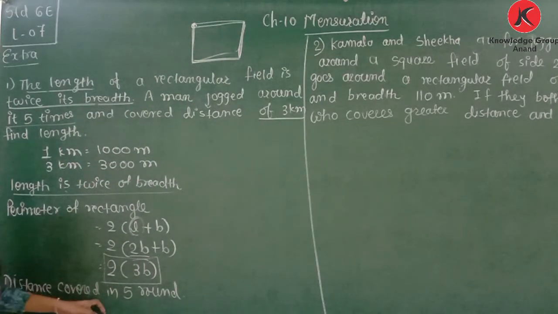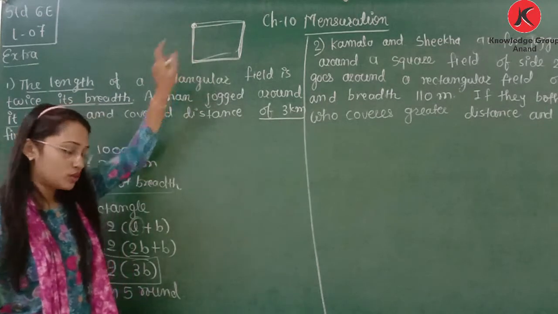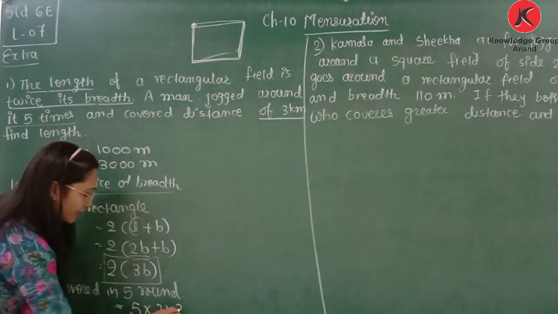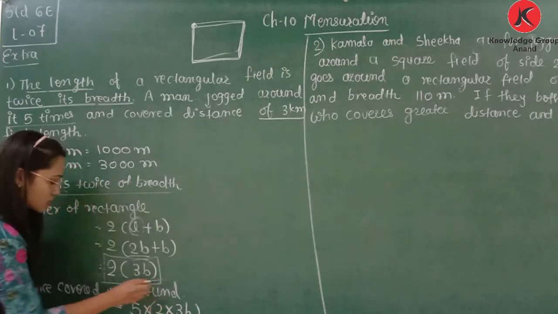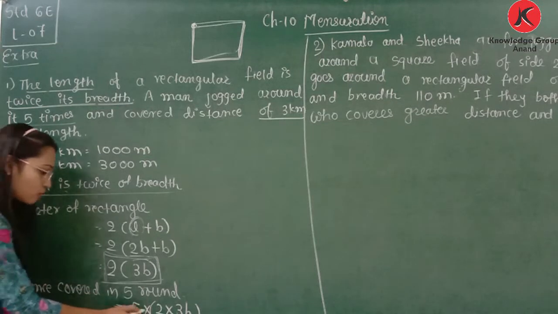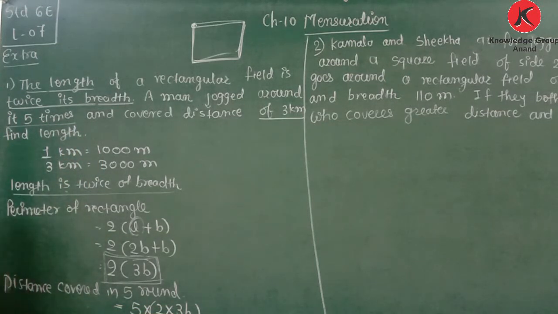But the man takes 5 rounds, so we need to multiply this distance by 5. That is 5 multiplied by 2 multiplied by 3b. Here you can consider 3 kilometers or 3000 meters; both will give the correct answer. Let's consider 3000 meters.